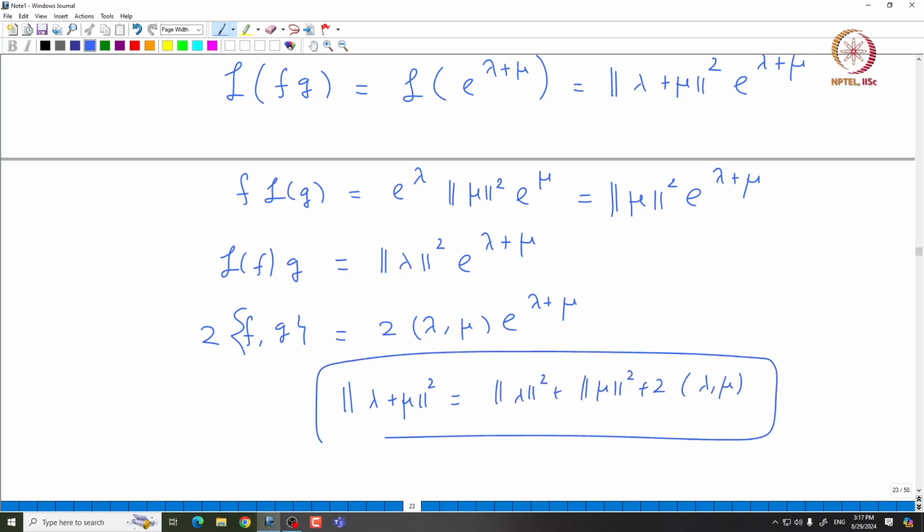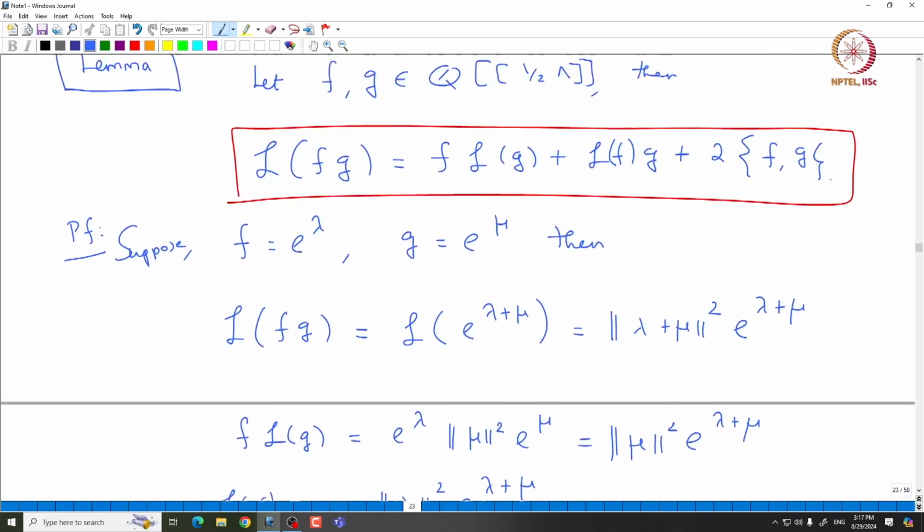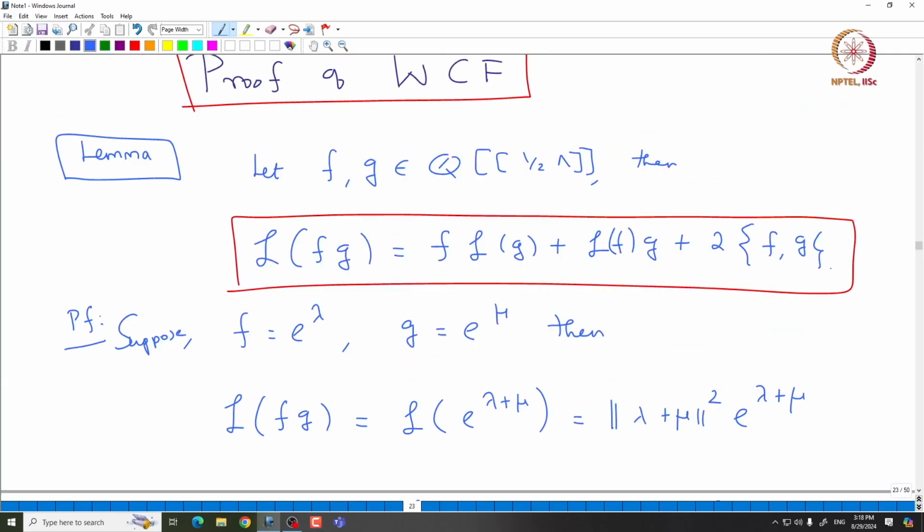This is more or less clear from the definition. So, this proves that whenever you take the Laplacian on the product, that is given by this very explicit formula. Okay. So with this maybe I will stop here.